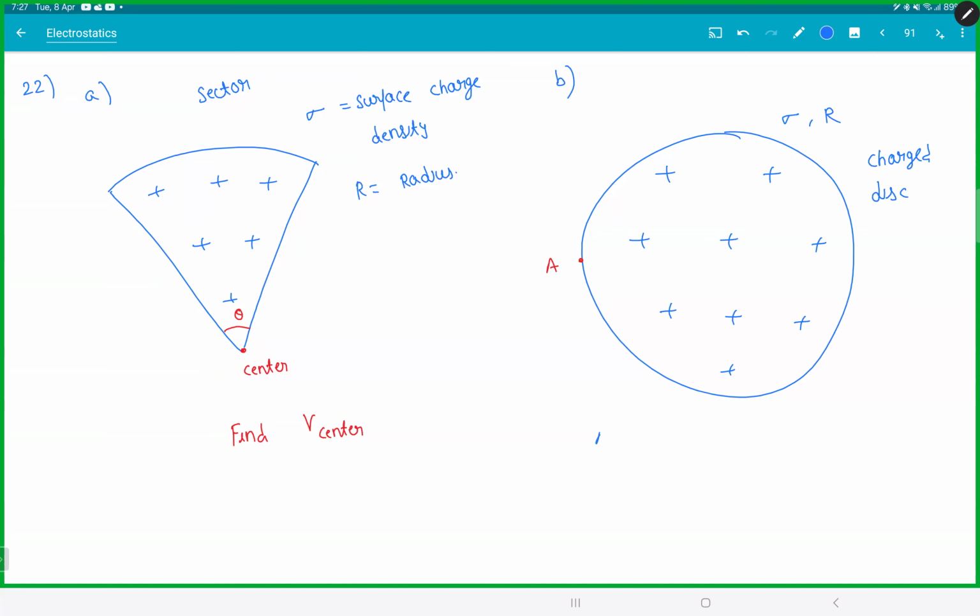Find VA. First do the sector. Then we'll go for the disk.